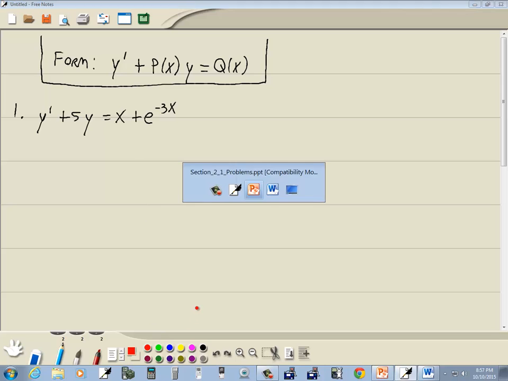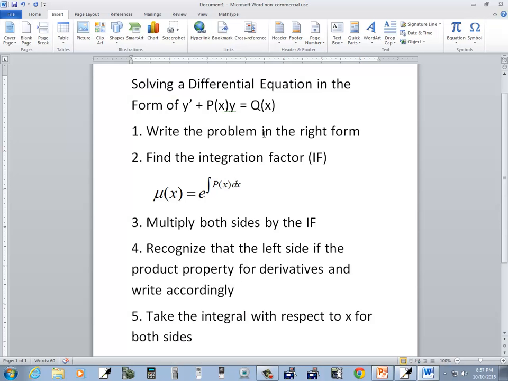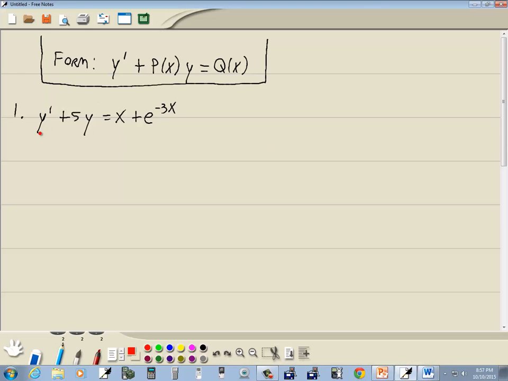Step 1. Write the problem in the right form. Well, it says that you have to have y prime by itself on the left side, nothing in front of it, so that's good. And you have to have the y part over here too, with whatever in front of it. That's good. And then all the rest on the right side. So this is in the right form.